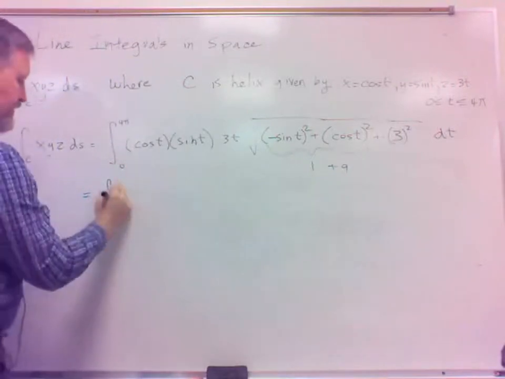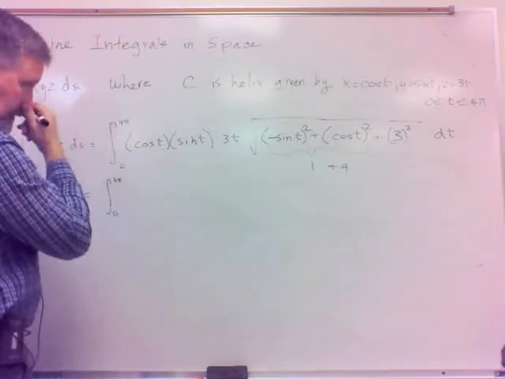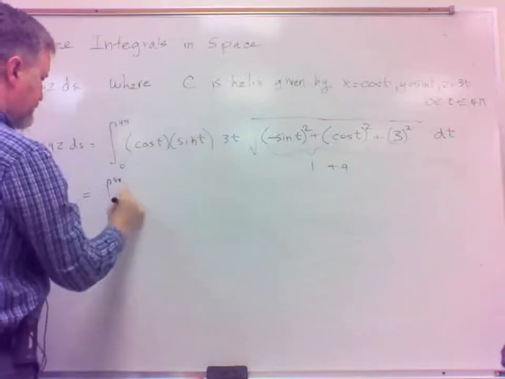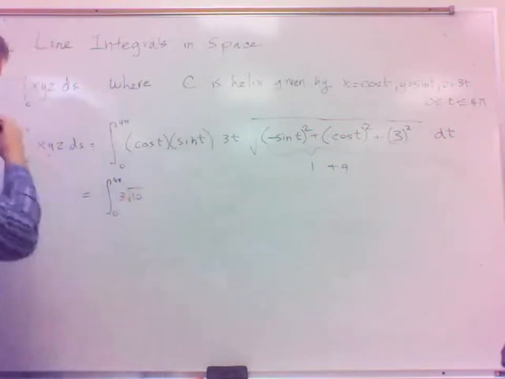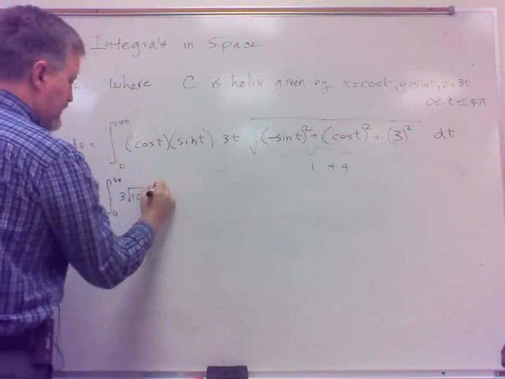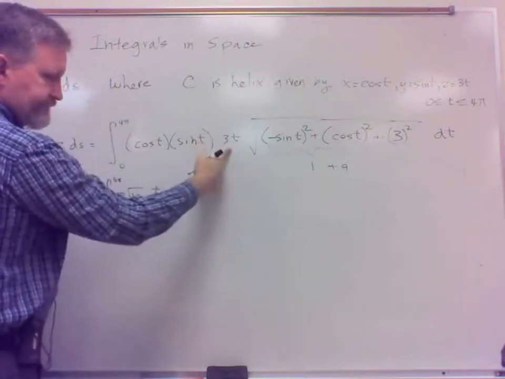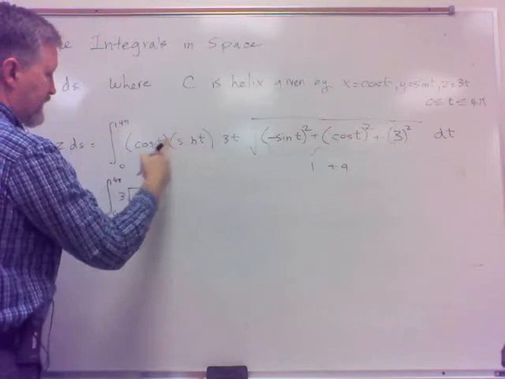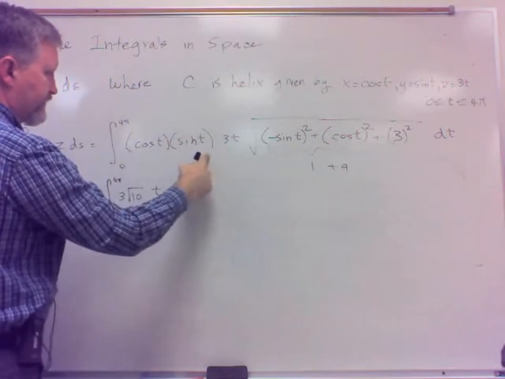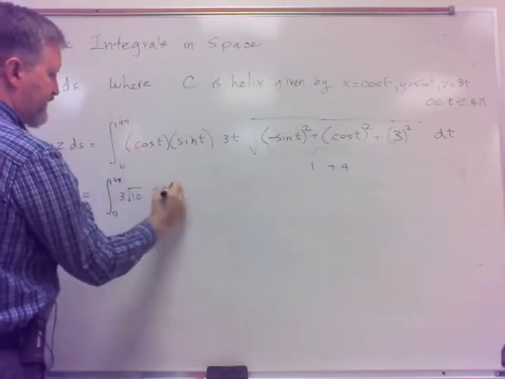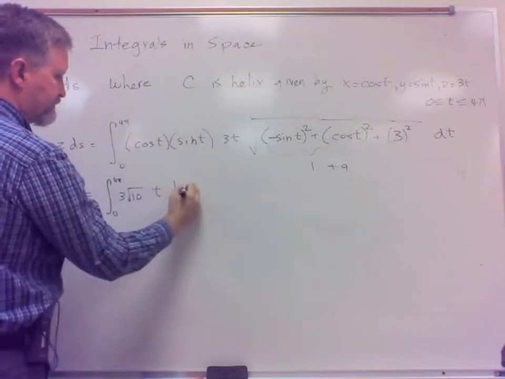0 to 4 pi. Let's do 3 square root of 10. It's our coefficient, if you will. And then t, got a t here. And then here, we've been doing a little trick calling that half sine 2t.